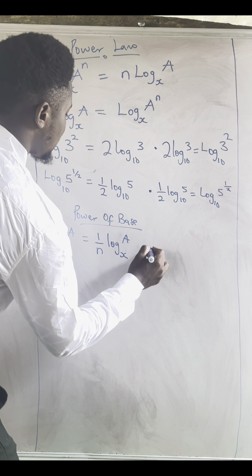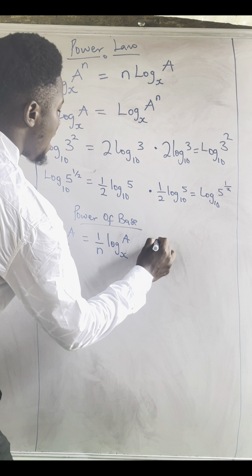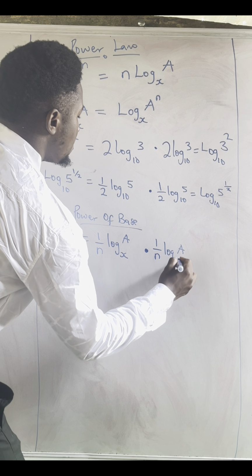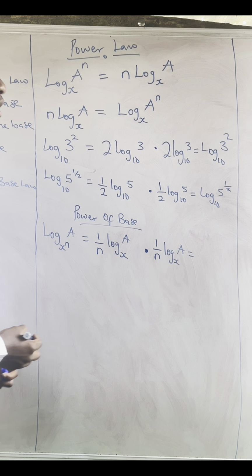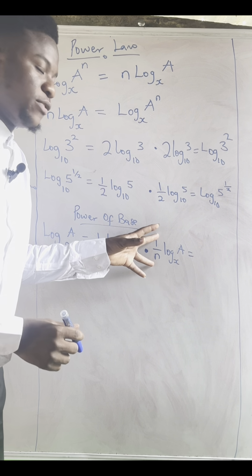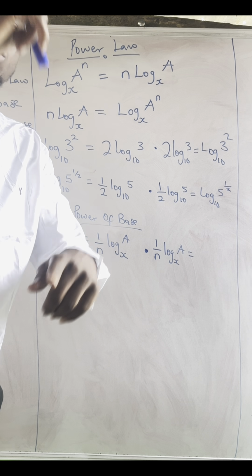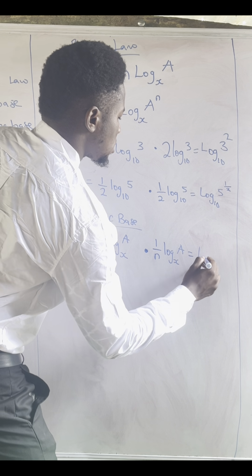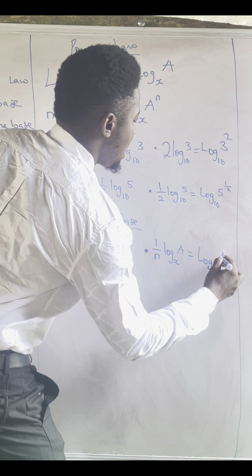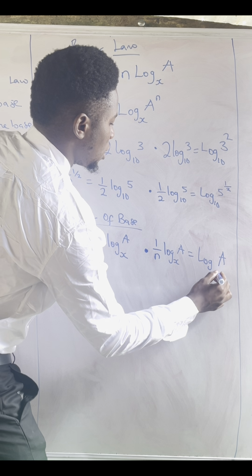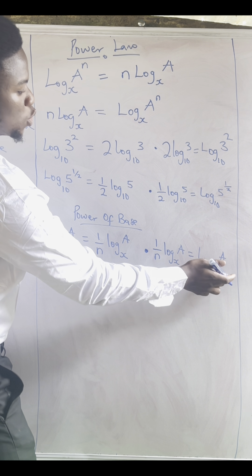At the same time, if I have 1 over n log A base x, I can also decide to bring this coefficient directly to the power of the base. So this can be written as log A base x, and this will now turn to what? It's going to turn to n.